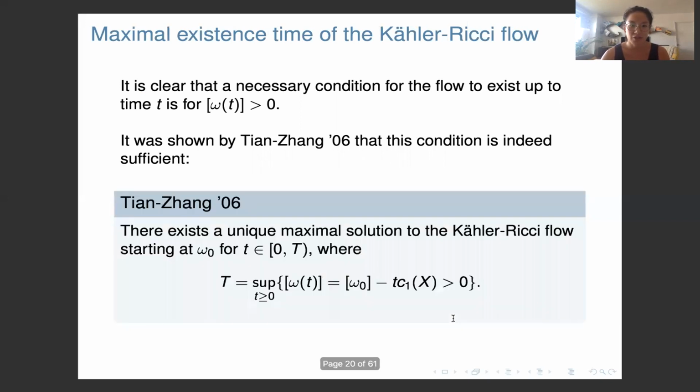And so they show that there always exists a unique maximal solution to the Kähler-Ricci flow starting at omega naught for little t between 0 and big T, where big T is the maximal existence time, and it's defined as the sup over all small t such that the Kähler class of omega t, which is the class omega naught minus t c1 of X, stays positive.